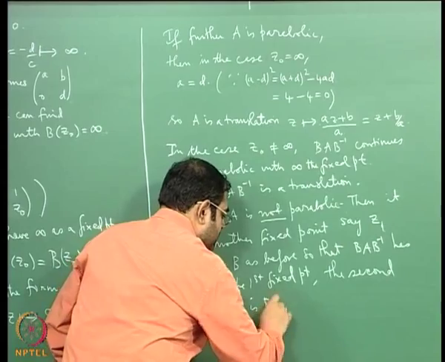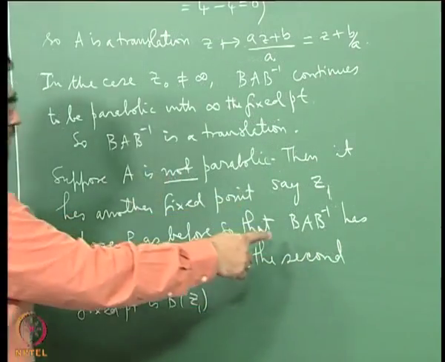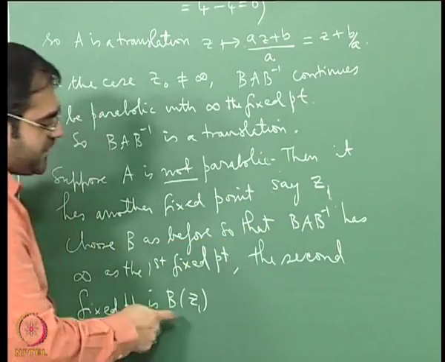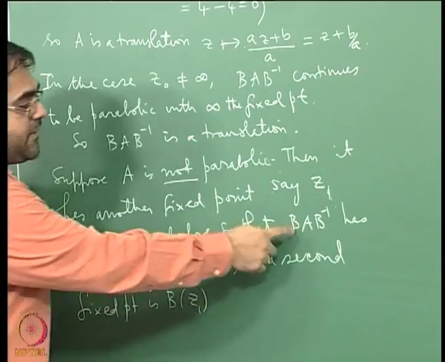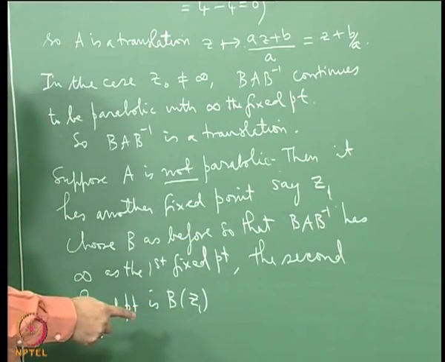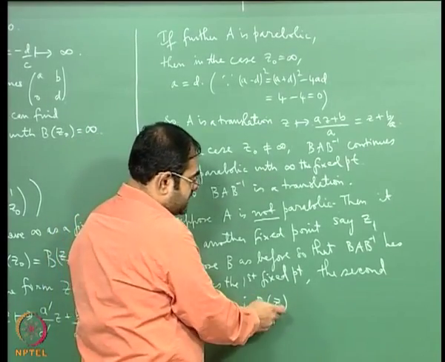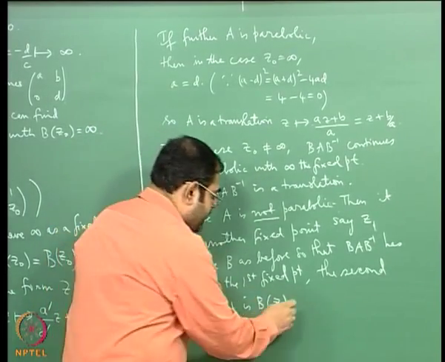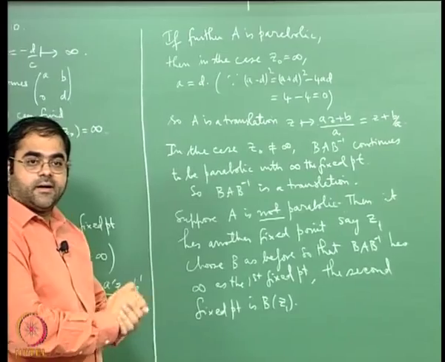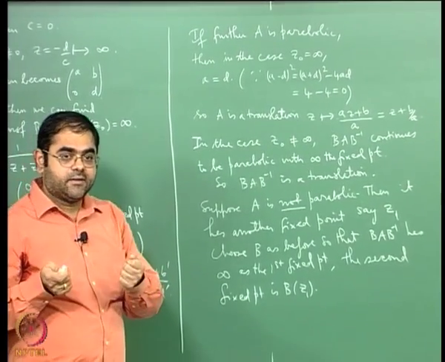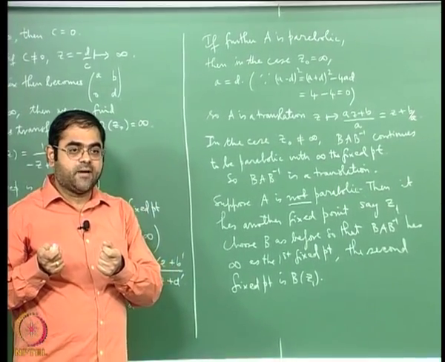That is because if I calculate B A B inverse of B of Z1, I get B A of Z1, which is B of Z1. So this is a fixed point, that is obvious.